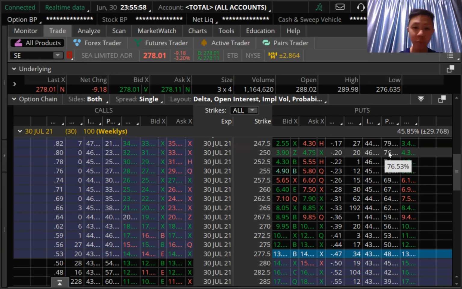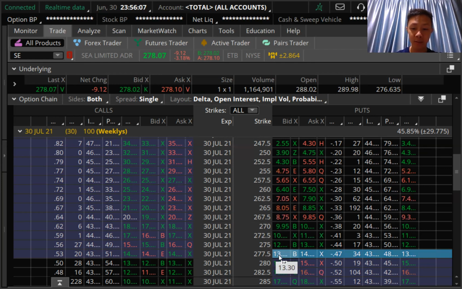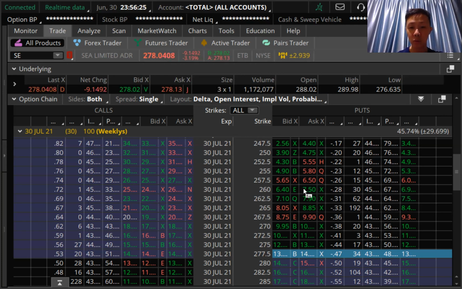For me, I have confidence in SE, so I do not need to sell out of the money. I always sell at the money. So I have a 48% chance of getting exercised, but I don't mind because I promised that I want this stock and I can buy it. If you are the kind of person who wants your contract to expire all the time, then you choose out of the money.